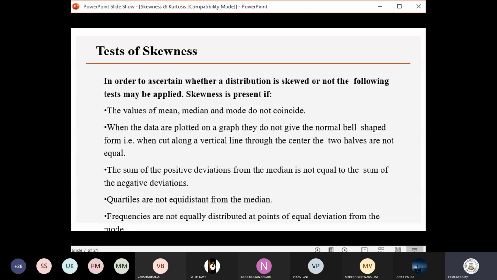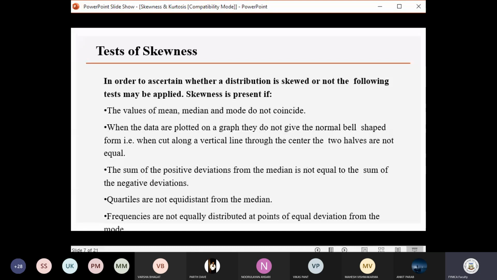Next, on the basis of quartiles also you can decide, if the quartiles are not equidistant. You have seen the cases of quartiles, that is Q1 and Q3. Q1 indicates 25% and Q3 indicates 75%.